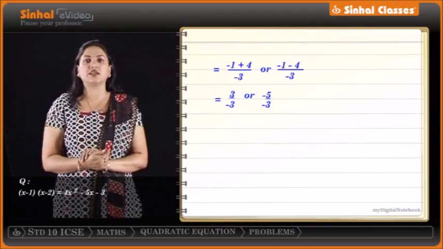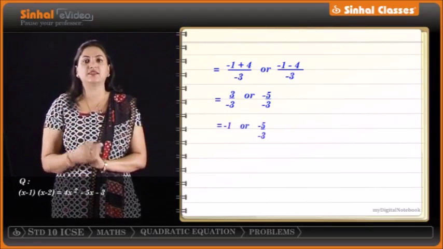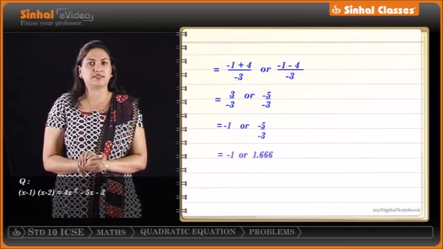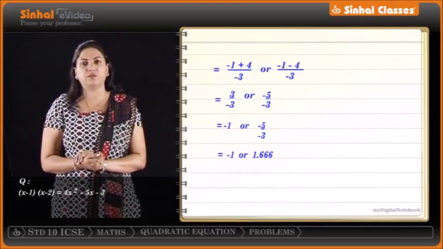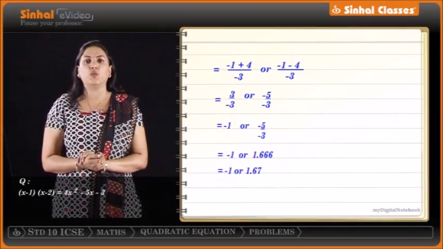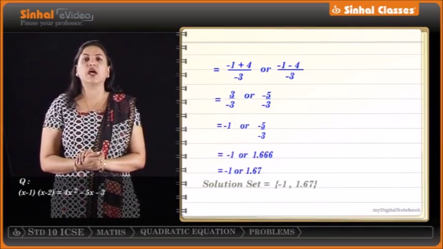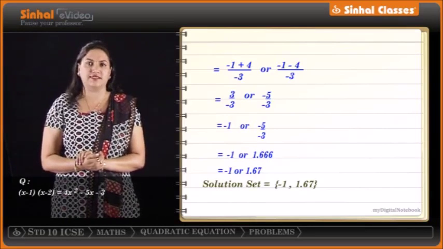Now this gives us minus 1 and here minus minus cancels. 5 upon 3 gives us 1.666 recurring. Now when we round that off to 2 decimal places, we get 1.67. So the solution set is minus 1, 1.67.